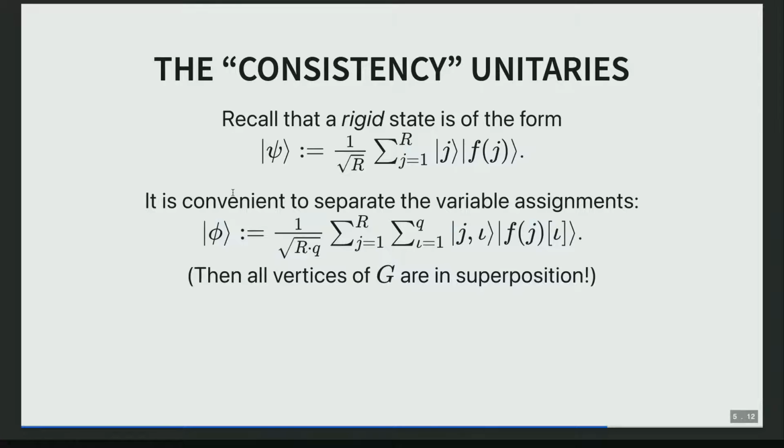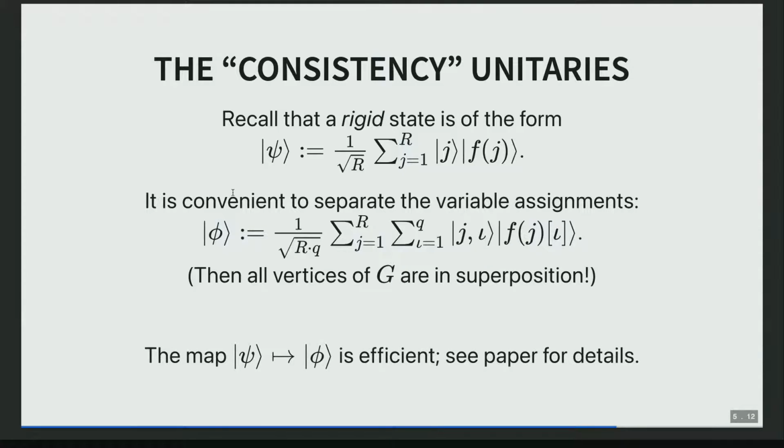So maybe uniform over the constraints, uniform over the indexes of the constraints, and then each entry of the variable. Because now we have R times Q options in the first register, and we have one option for each vertex of this graph.